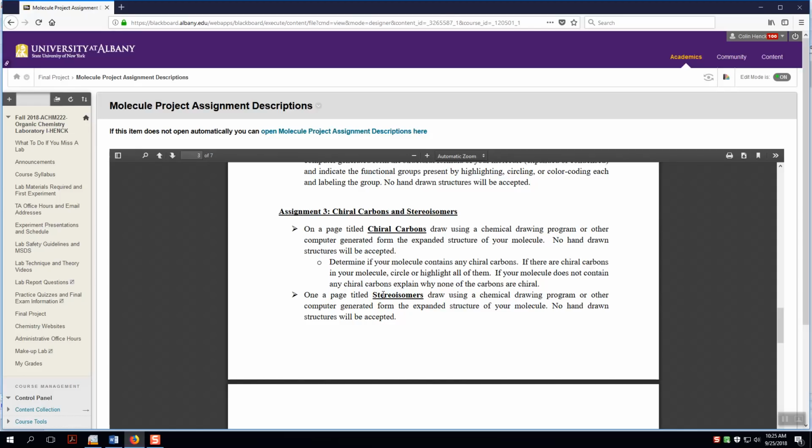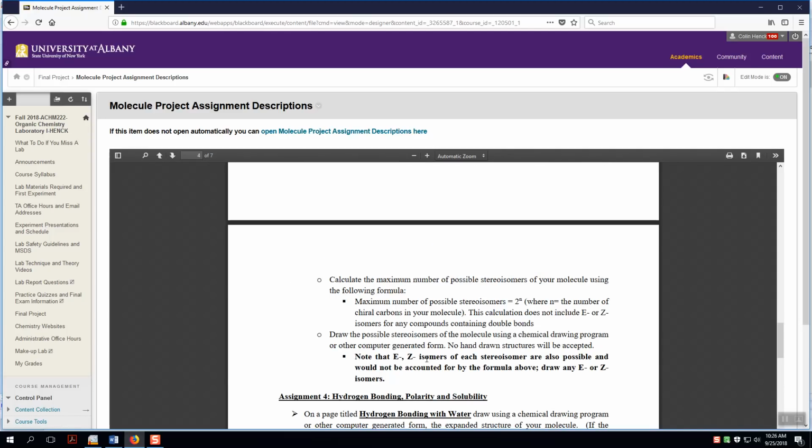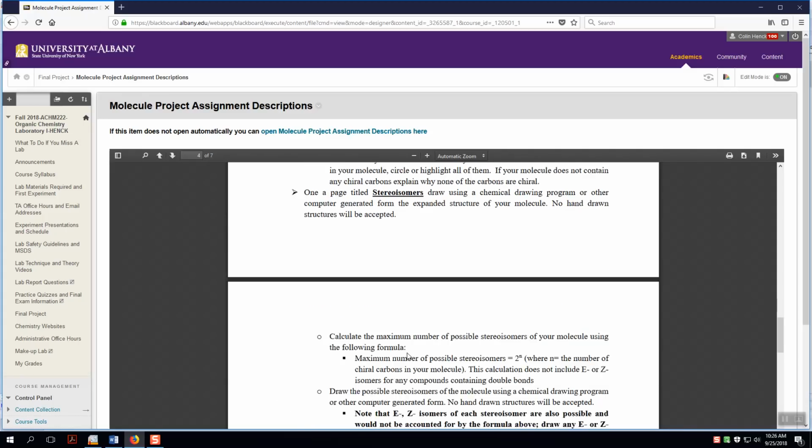The first one is enantiomers. If you have a carbon bonded to 4 different atoms, it will be chiral, and it could exist in the R configuration or the S configuration. You could also have E and Z, sometimes if they're simpler molecules, cis and trans isomers of your molecule. So these are both the types of stereoisomers that we're looking for.